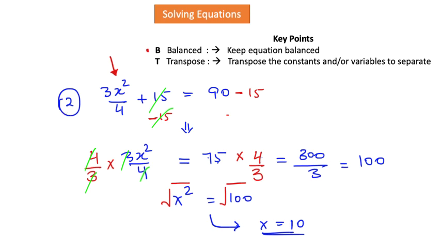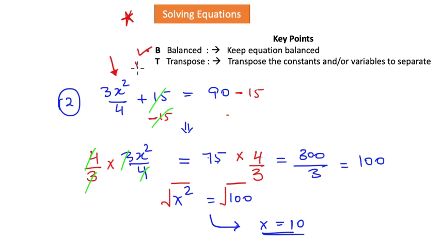Okay, so the key principle you always need to keep in mind is that whenever we are talking about the solution of equations, we always need to keep your equations balanced. Whatever mathematical operation you're performing on one side of the equation, the exact same operation has to be done on the other side of the equation.